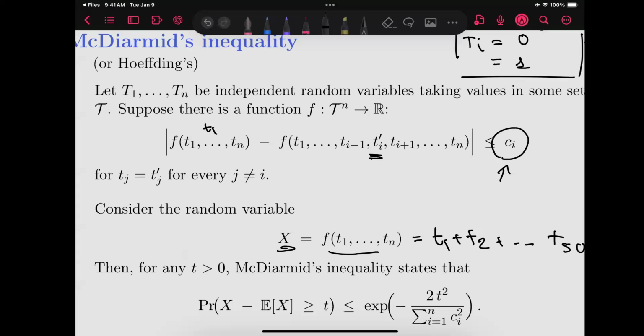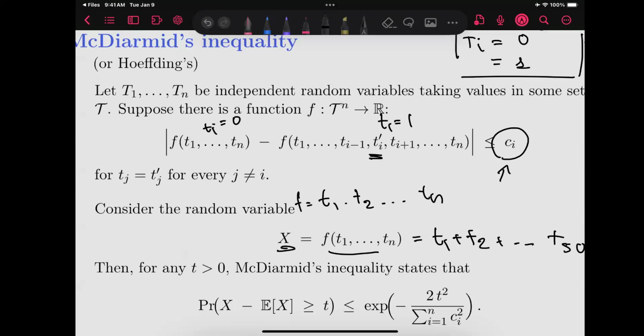For example, if our Ti equals 0 and then equals 1, the maximum it can change is just 1. In other cases, for example if f is T1 multiplied by T2 up to Tn, the maximum it can change is the whole product. It's gone. So that's how we can evaluate C here.